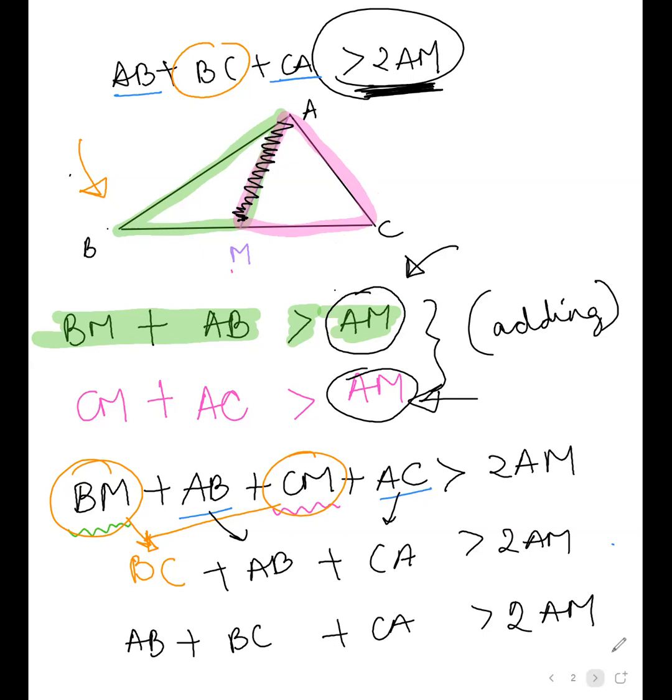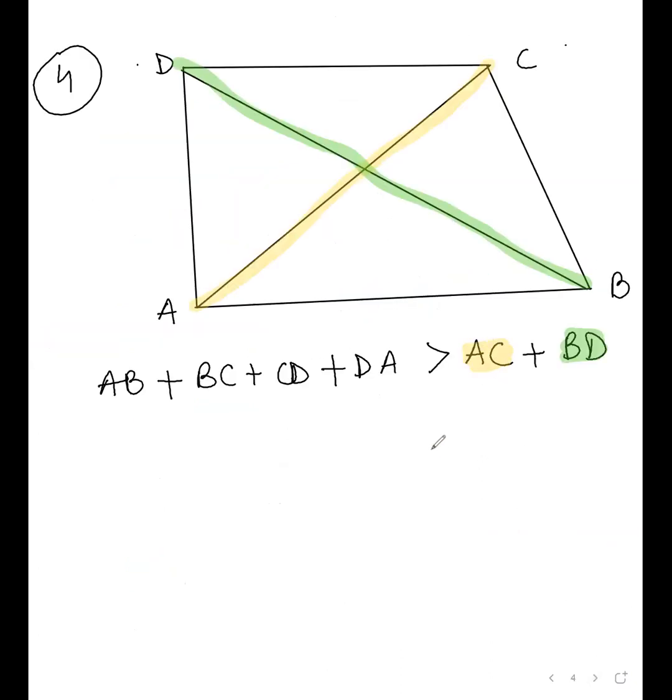So here the hint that we are getting is that we're going to have two triangles. One will have AC in it and the other will have BD in it. Can you spot that AC, the yellow line segment, is a part of which triangle?